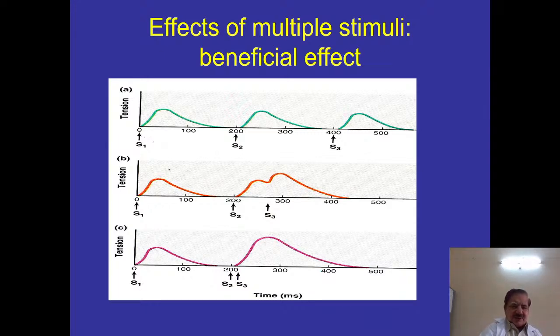When the curve is coming down to the baseline, you are giving a second stimulus. This second stimulus gives a little bit more because all the calcium has not gone inside the system, it is still present there. At that time, you are giving the second stimulus, so it will have additional calcium to use. So in that way, it is beneficial.